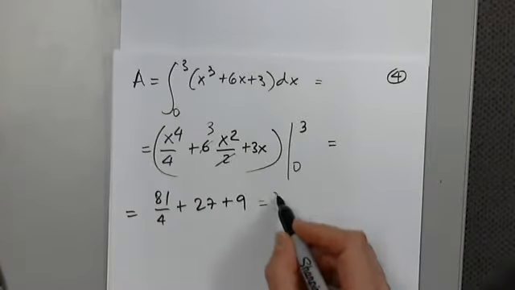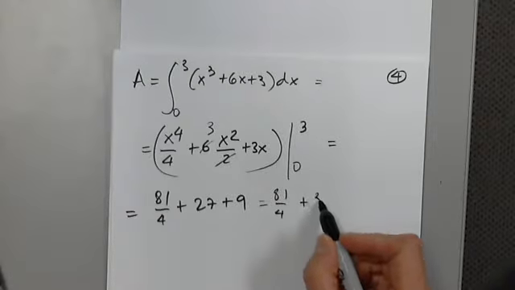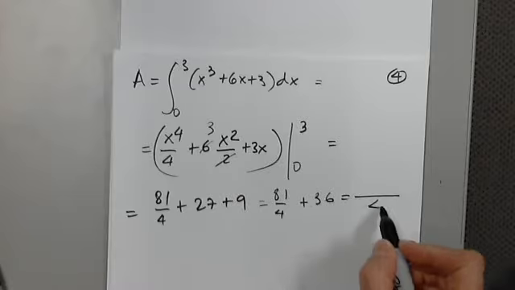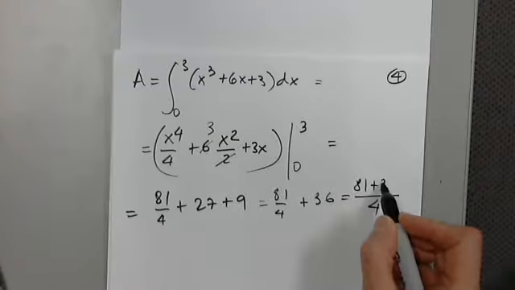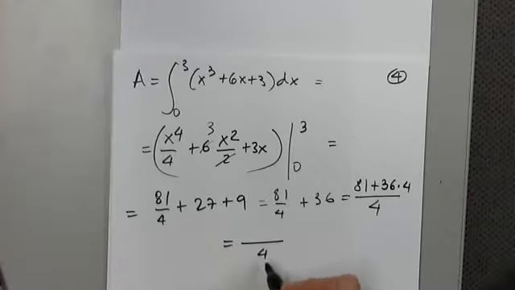The least common denominator is 4, so 81 plus 36 multiplied by 4. And I'm lazy. How much? 81 plus 36 times 4. I doubt, but that's okay. 225. Okay, it is.